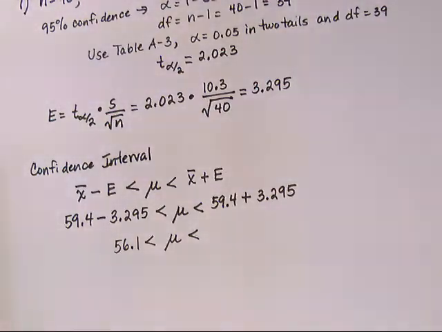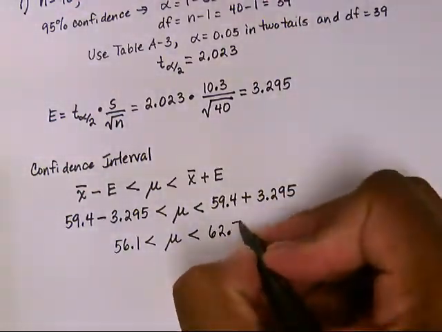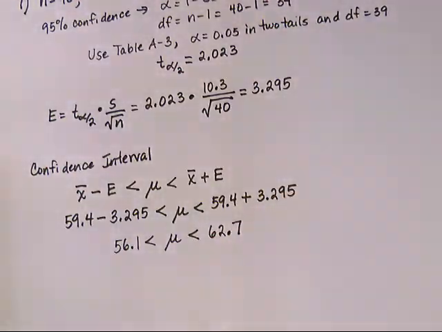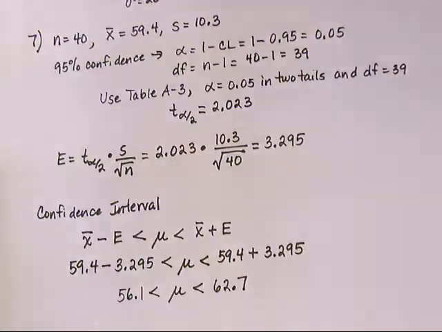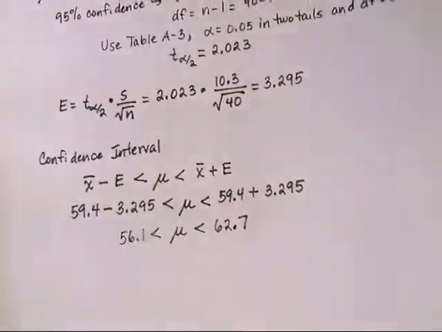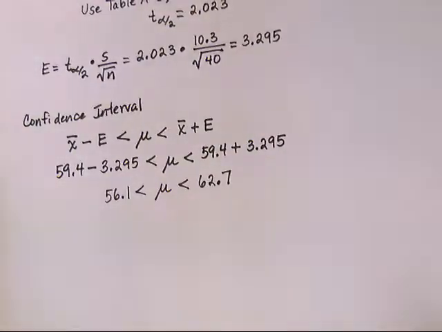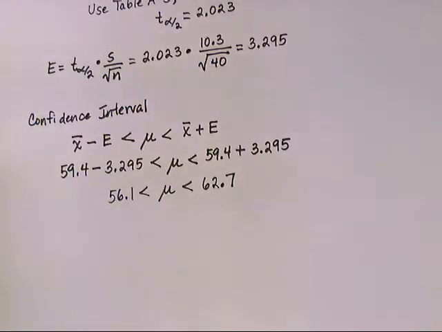To 1 decimal place, that'll be 62.7. And I'm rounding those limits to 1 decimal place because my sample mean is to 1 decimal place. Okay? So this is what my confidence interval looks like.